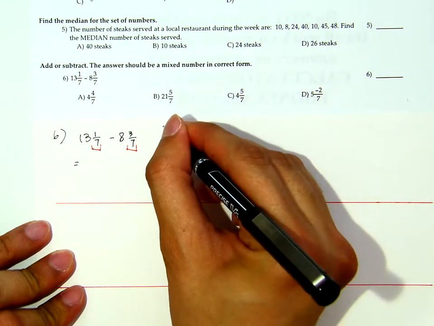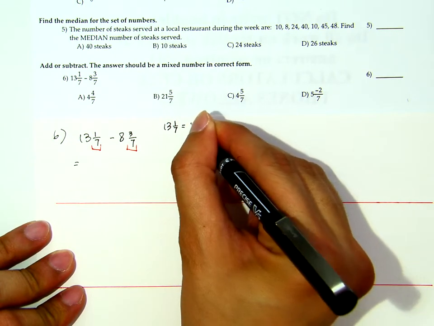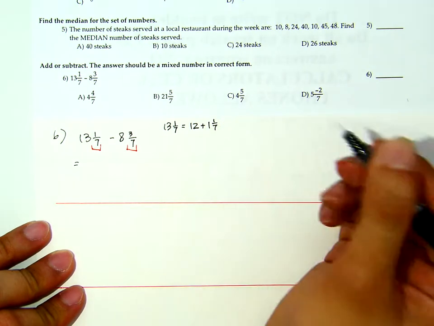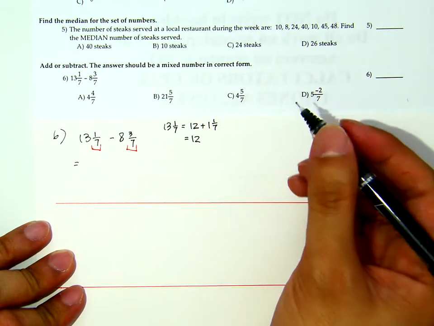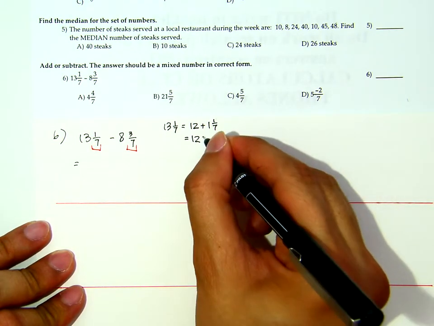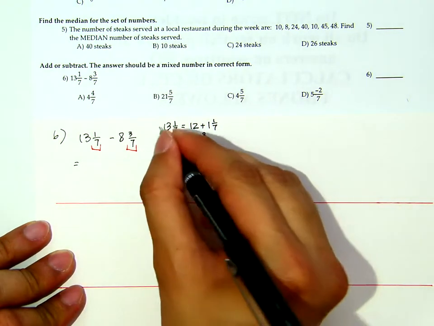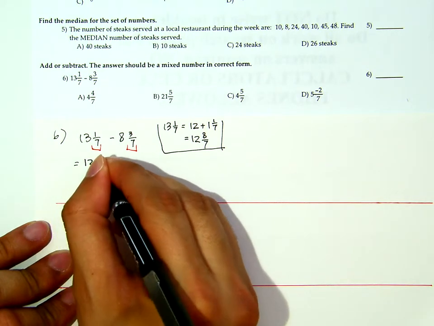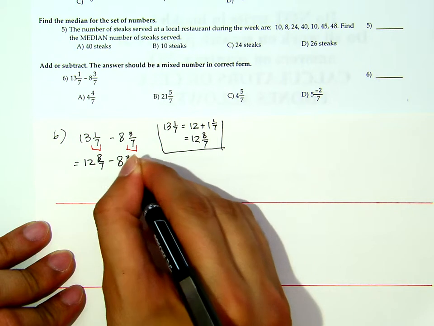Maybe I put it here, 13 1/7. If I borrow 1 unit from 13, it becomes 12, and then the one that I borrow, I stick it together with the fractional part, and then I change that to an improper fraction. That's 8/7. So then this becomes 12 8/7 minus 8 3/7.